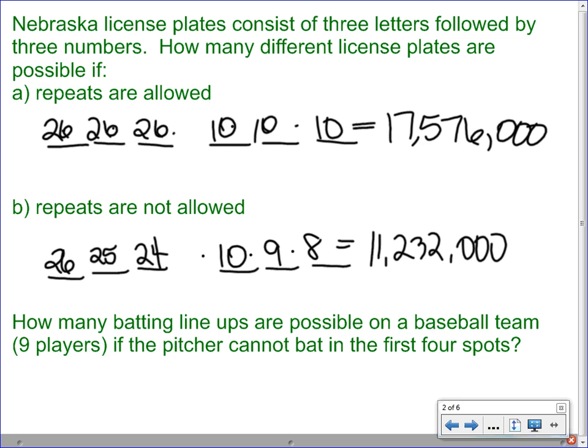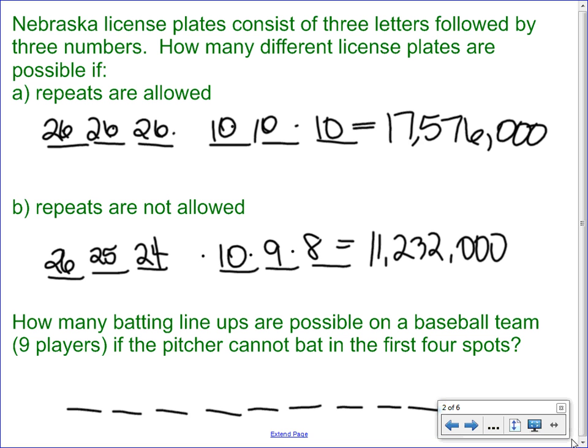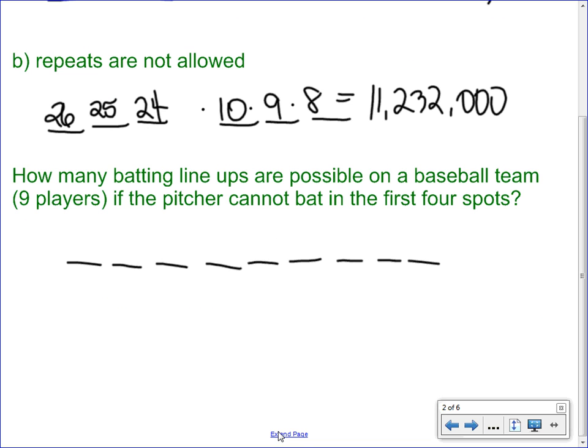All right, how many batters do we have? So 1, 2, 3, 4, 5, 6, 7, 8, 9. Now, keep in mind the pitcher cannot bat in the first 4 spots.